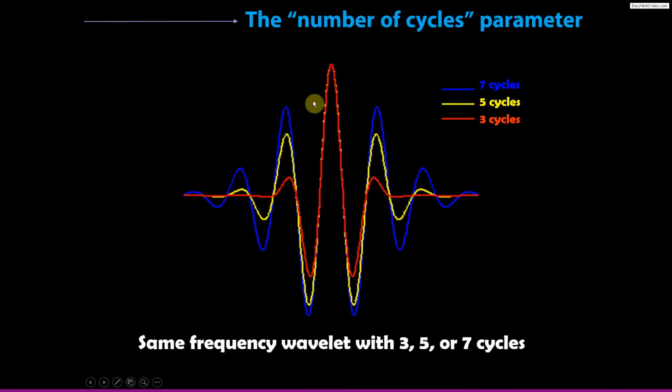You can see, and this is not very surprising now, that the number of cycles defines how steep or how narrow this wavelet is in the time domain. Before we go on to the next slide, I want you to think about the effect of Morlet wavelets with different numbers of cycles on the temporal precision of the results from Morlet wavelet convolution.